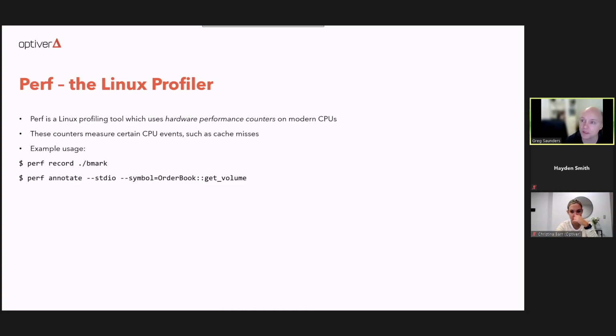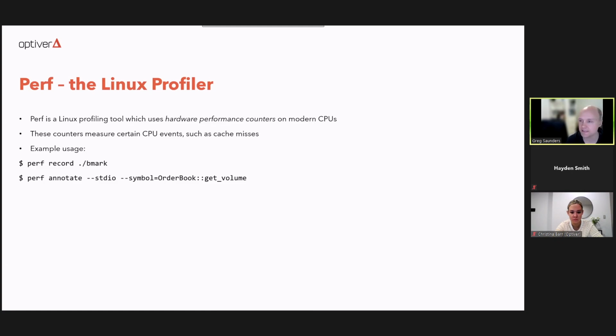So, for example, it can count cache misses or cache hits, clock cycles and that sort of thing. The Perf tool uses these performance counters to help us understand how long it's taking to run each machine code instruction of our getVolume method.